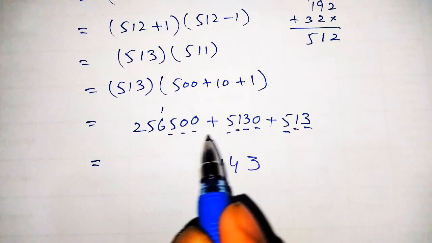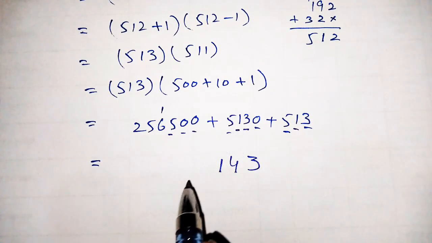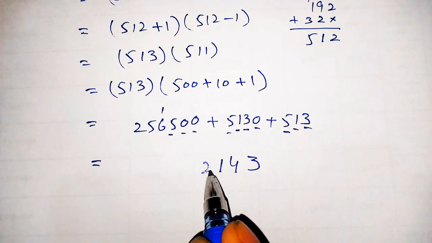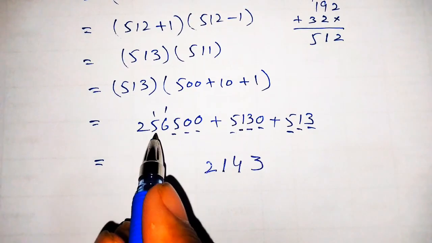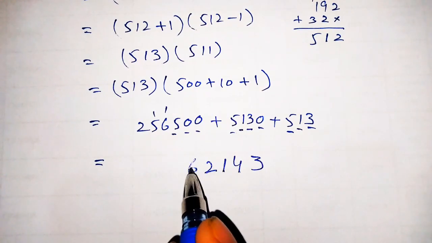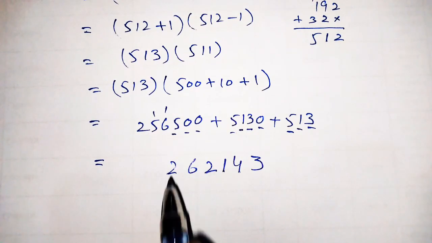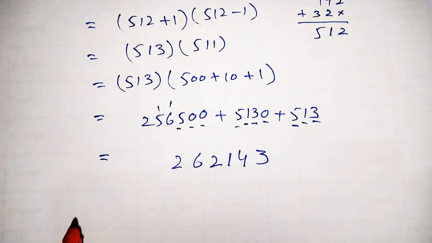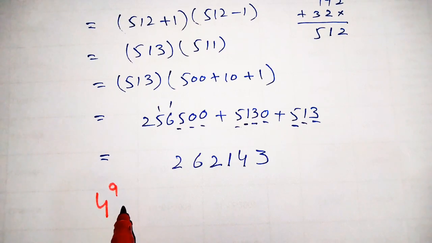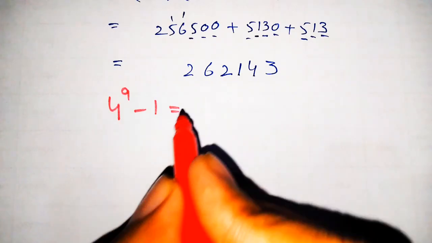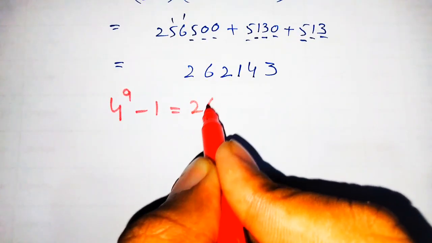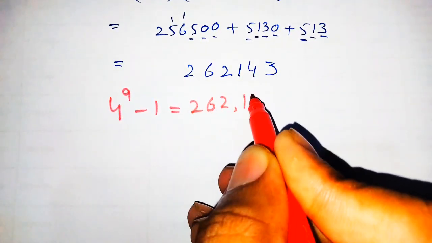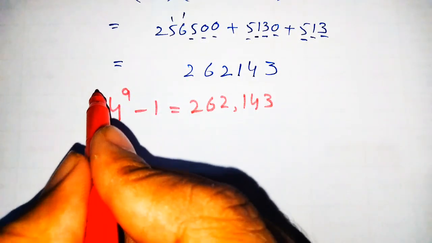Now 5 plus 6, 11 plus 1, 12. 2, 1 in carry. 5 plus 1 is 6 and this 2. So this is the final answer which we conclude without using a calculator very easily. Hence 4 raised to the power 9 minus 1 is equal to 262,143. This is the final answer.